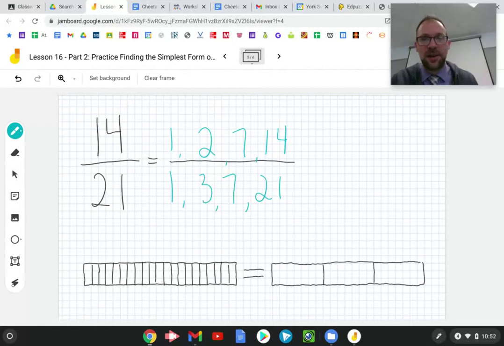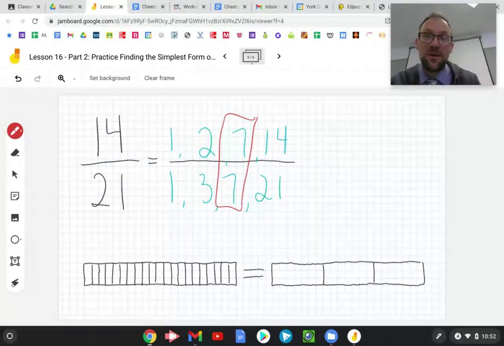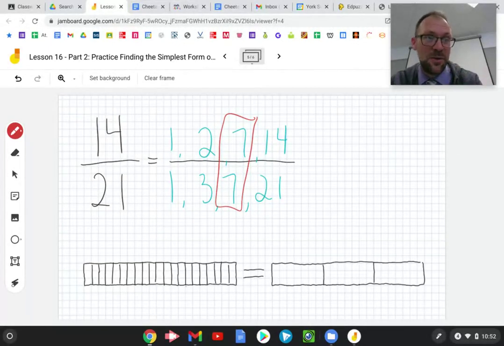I hope so. All right, so looking at these 2 lists of factors, which factor is the greatest common factor? I hope you said 7. That is the biggest factor that 14 and 21 have in common. That is the number we're going to divide 14 and 21 by.